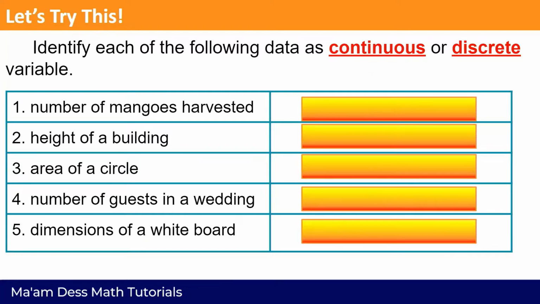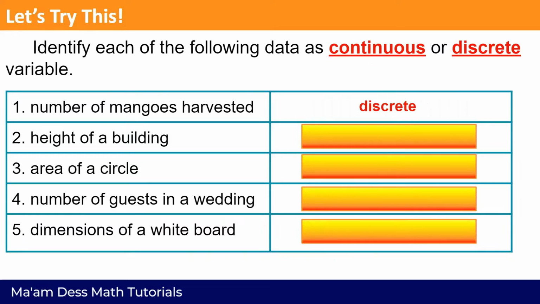Number one, number of mangoes harvested. You can count the number of mangoes harvested. Is it continuous or discrete variable? It is a discrete variable. Number two, height of a building.